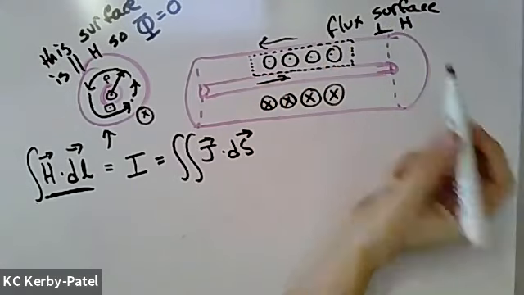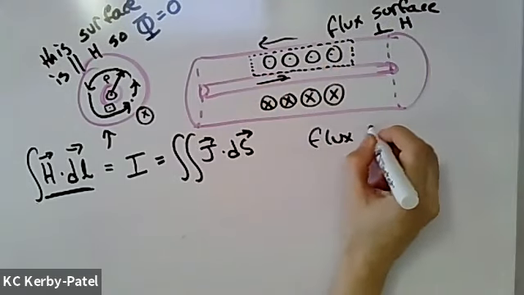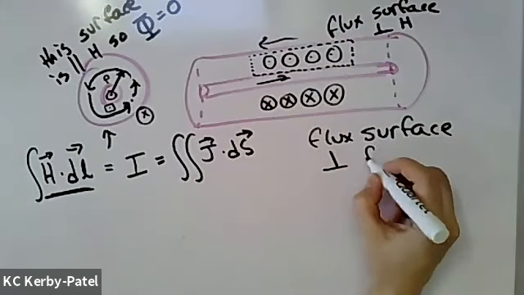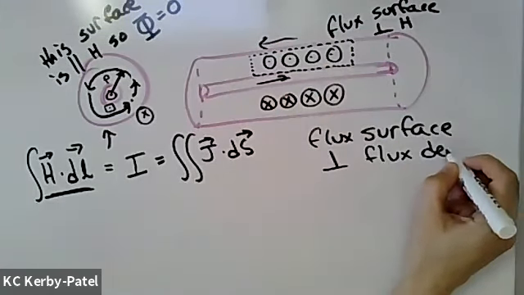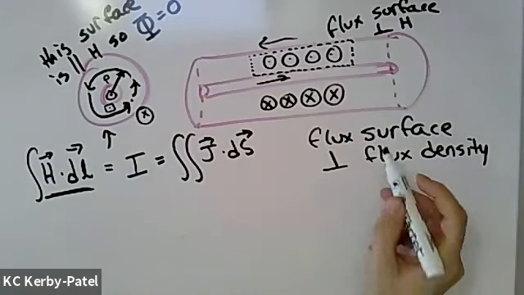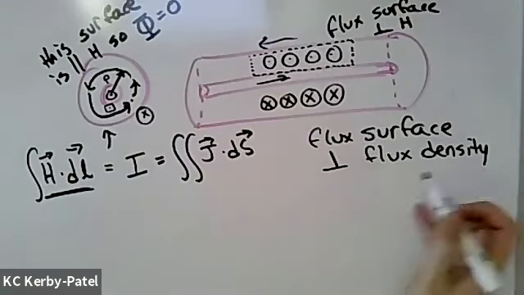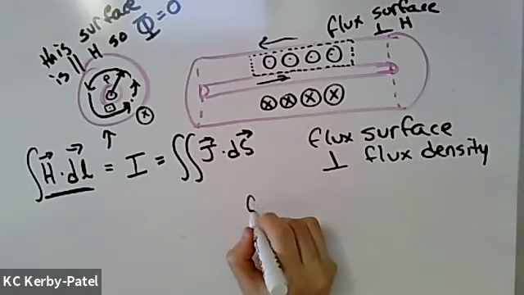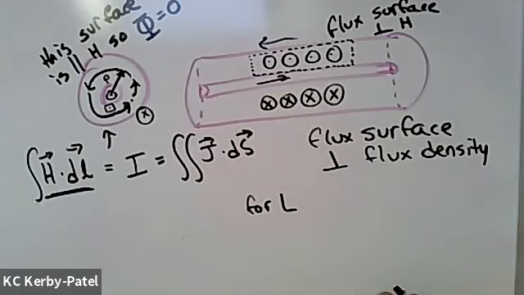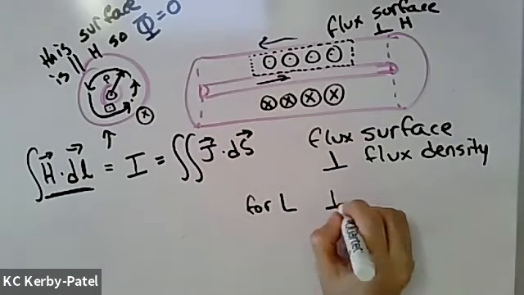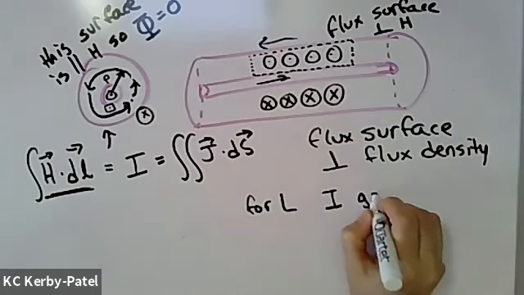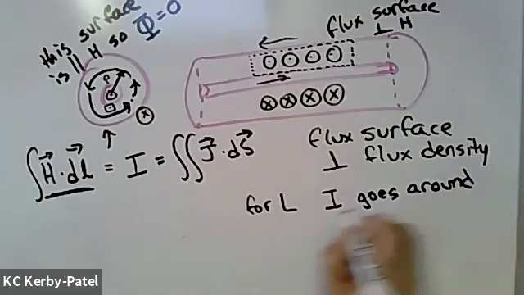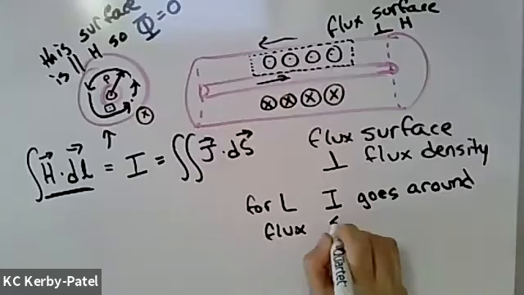In general, for a flux surface, you want the flux surface to be perpendicular to the flux density you're integrating. And for inductance, you want the current to go around the flux surface.